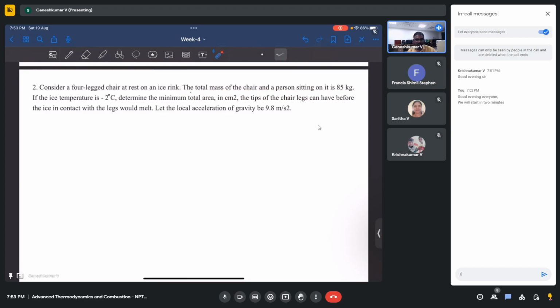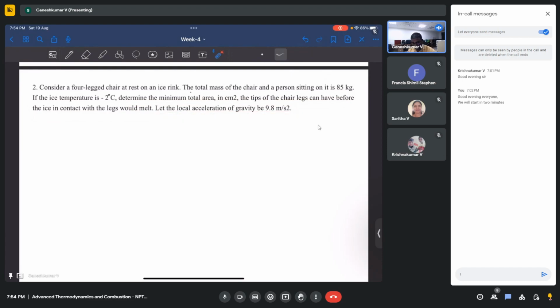If the ice temperature is minus 2 degrees Celsius, determine the minimum total area the tips of the chair legs can have before the ice in contact with the legs would melt. Please understand this line, and let the local acceleration of gravity be 9.8 meter per second square.